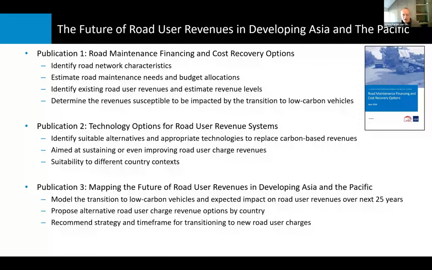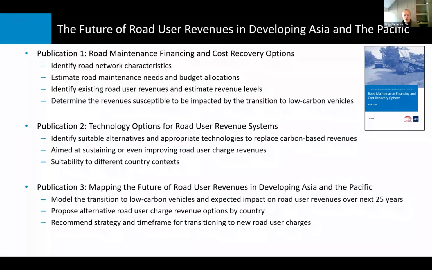It looks at the road networks in 10 different countries, estimating the road maintenance needs and the budget allocations to road maintenance, and looking at road user revenues and estimating the levels of those road user revenues.